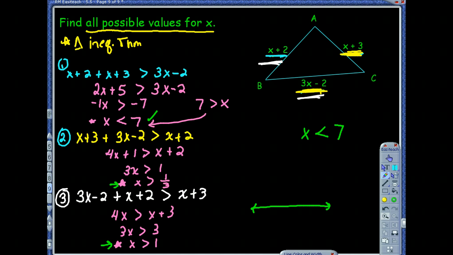I don't know if that may be clear as mud. I'm going to show you a visual, which also helps. If we go back to Algebra 1 and graph our inequality on a number line, 1/3 is right here. 1 is a little bit bigger. Greater than 1/3 is like that. Greater than 1 is like that. So all of this stuff has stuff in common.